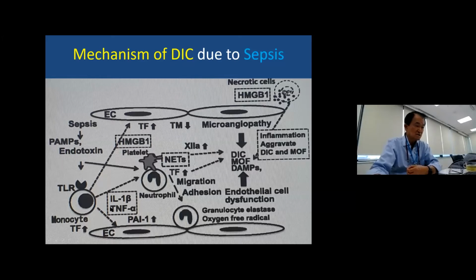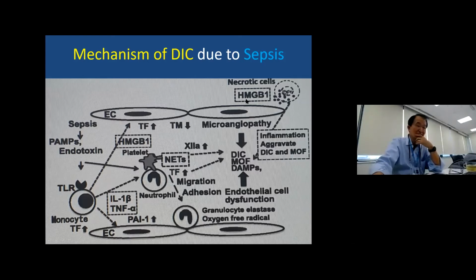Together, as you see on this one, it stimulates tissue factor and monocyte and tumor necrosis factor, cytokines, but it also hits the platelet and causes endothelial dysfunction and oxygen free radical production.